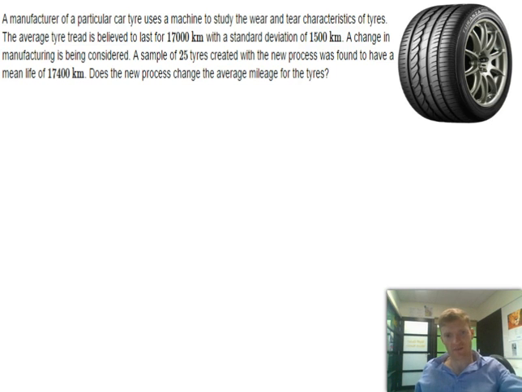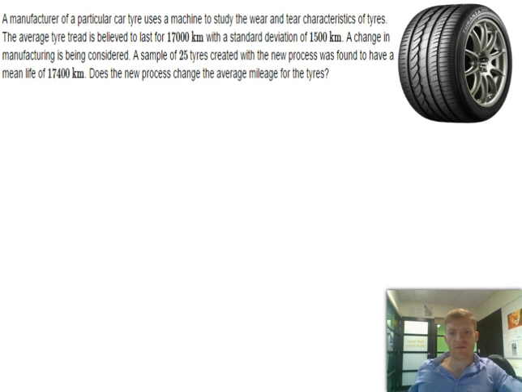So here comes the intervention, which we're going to test with our hypothesis testing. A sample of about 25 tires created with this new process was found to have a mean life of 17,400, which is a little bit more than what is considered as the population mean. So does this new process change the average mileage for the tire? What's going to be the conclusion overall?